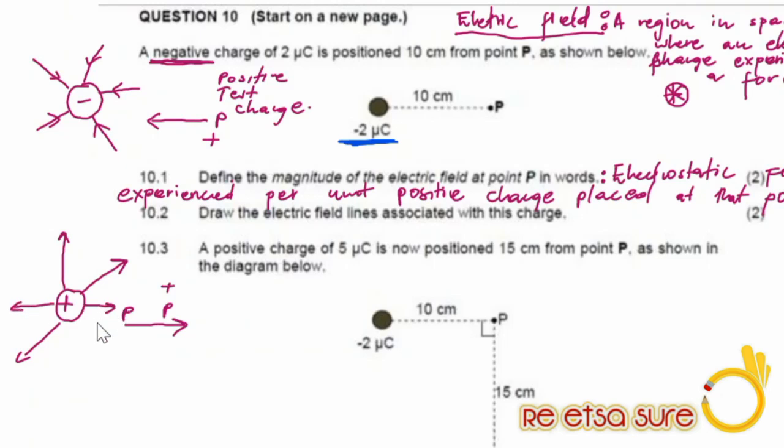Let us recap. For negative charge, the electric field lines, they point towards what? Towards the charge. But for positive charge, the electric field lines, they do what? They point away from the what? From the charge. Because in this situation, when we use positive test charge, we saw that it was attracted towards what? Towards this negative charge.